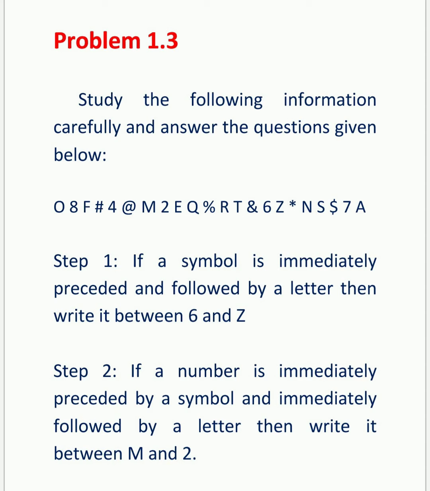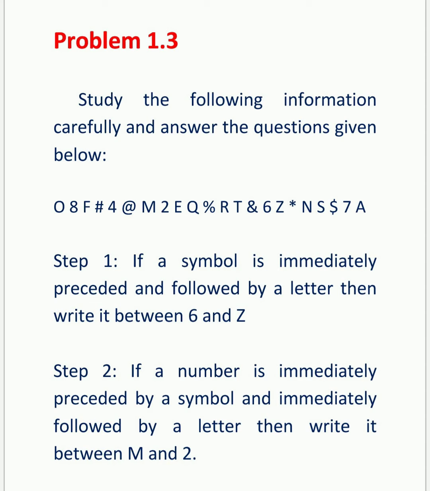I read the sequence: capital O, 8, capital F, #, 4, @, capital M, 2, E, capital Q, %, capital R, capital T, and 6, capital Z, *, capital N, capital S, $, 7, capital A. In this sequence, they use only capital letters, so we don't get confused about capital and small, right?